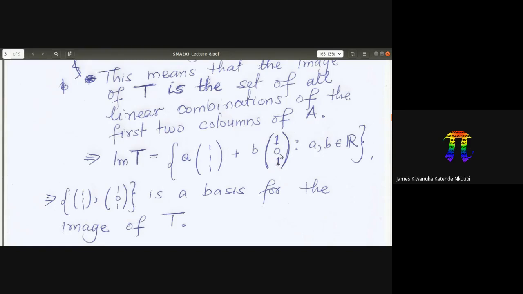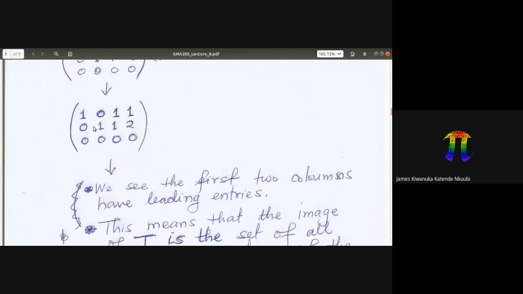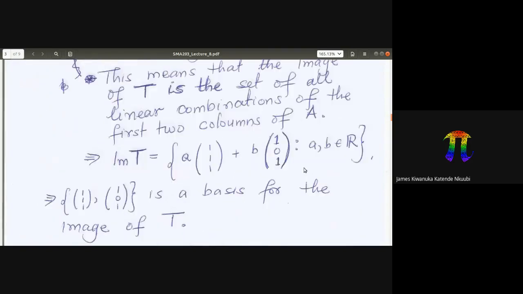So why the first two columns? Because it's only these first two columns that correspond to leading entries. You can see there's a leading entry here and there's a leading entry here. So if the leading entry was here, we would pick the first and the third column of A to be the vectors that span the image. Are we together?